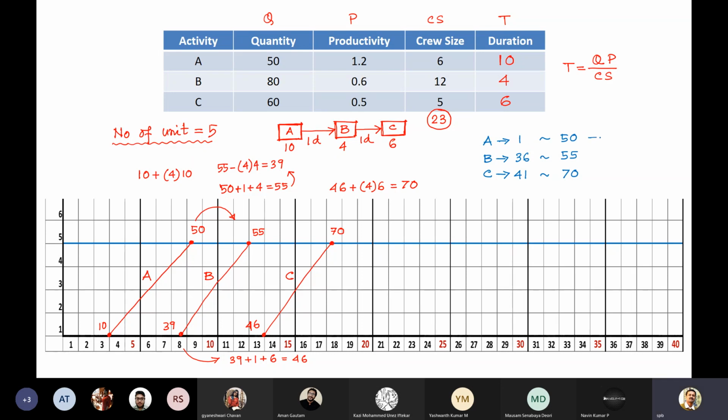And those involve crew sizes of 6, 12, and 5. Okay. So I will go to the next slide with this.